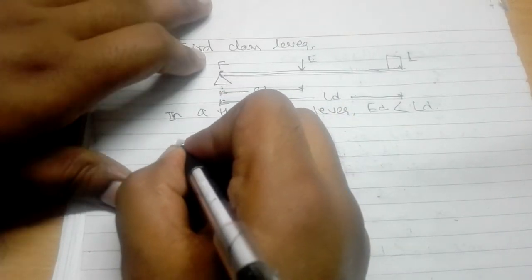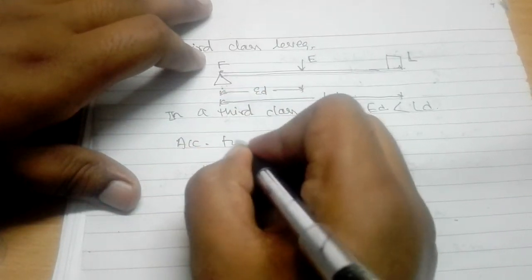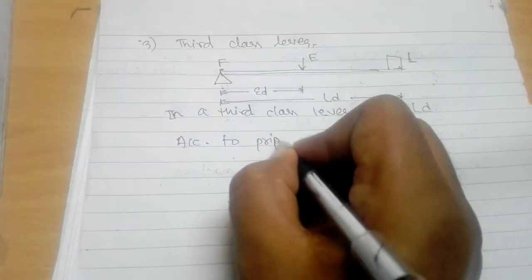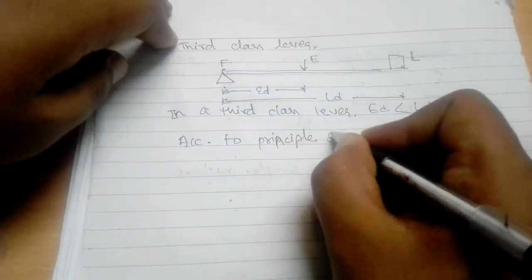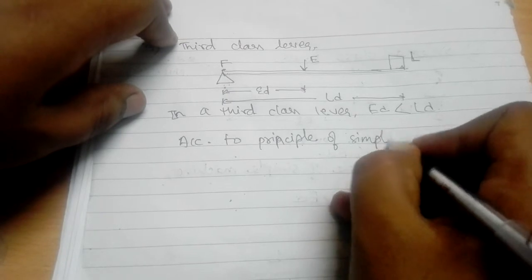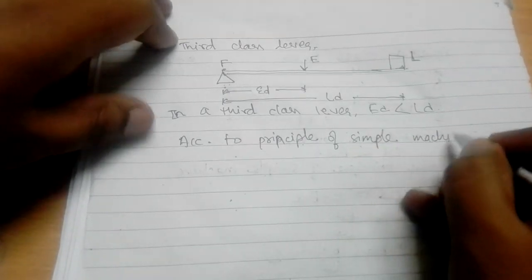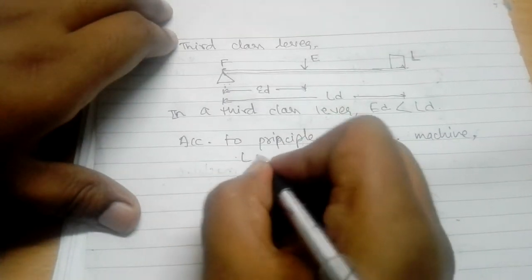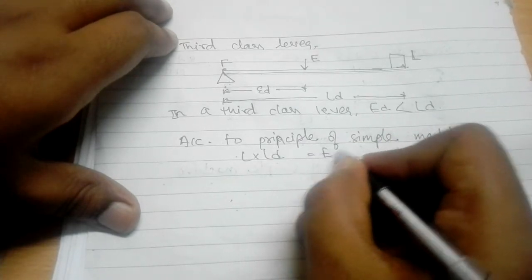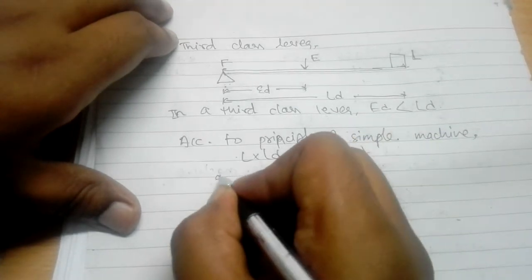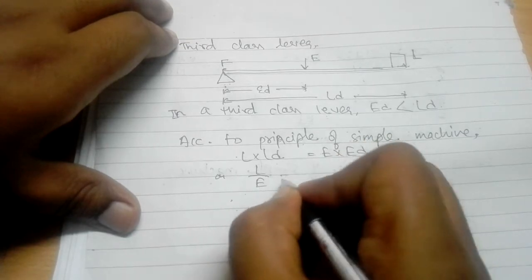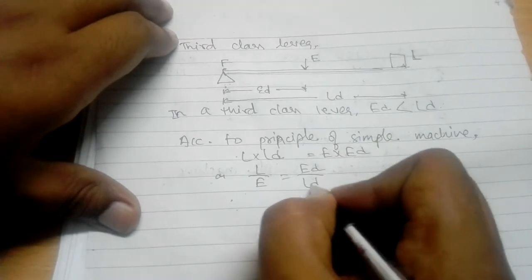Once again, we are going to follow the same steps according to the principle of simple machine. By now you must have the derivation. L into LD equals E into ED, or L by E equals ED by LD.